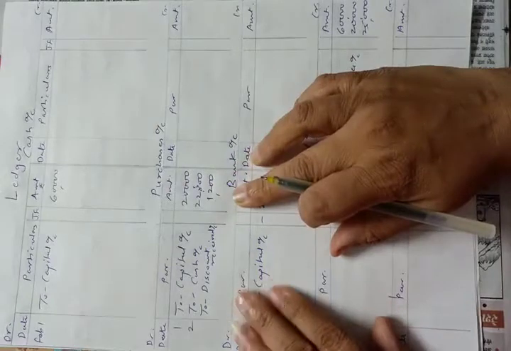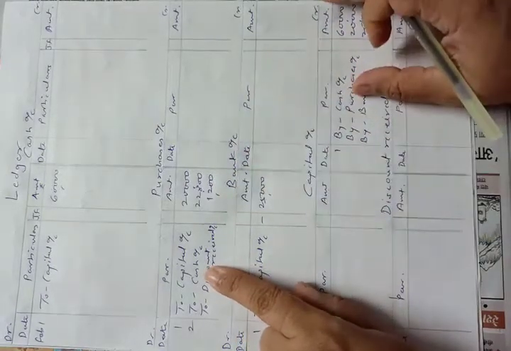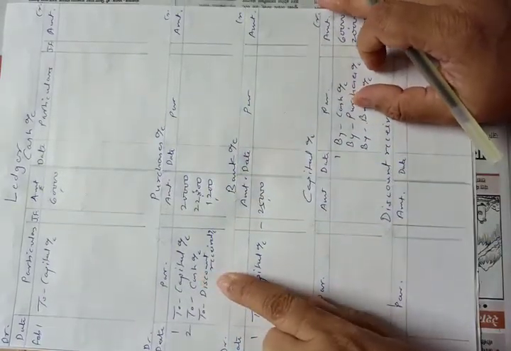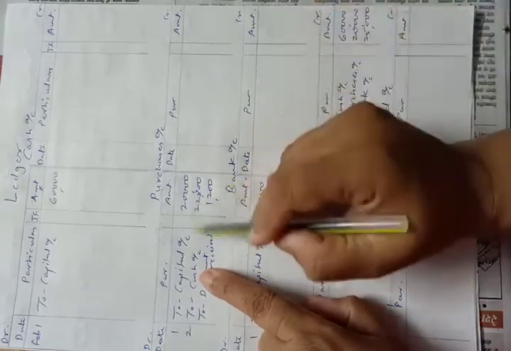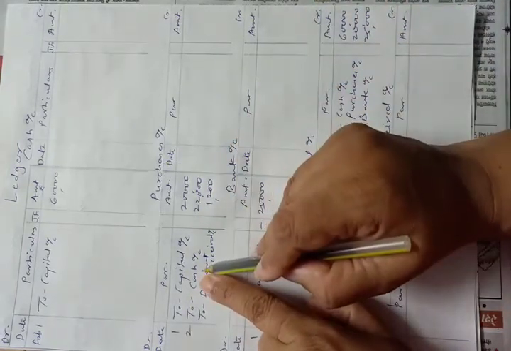Okay. Now the second posting. First we will do the second posting of the cash account, then the discount received account. Debit side of purchases account to cash account means credit side of cash account by purchases account.